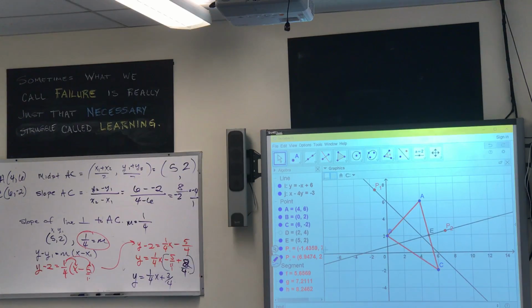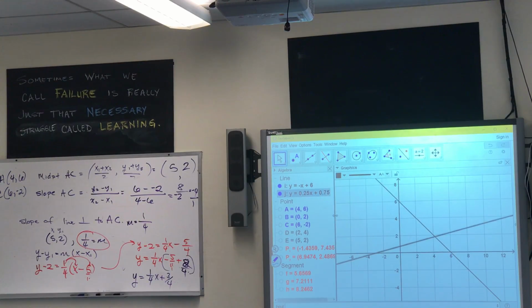Just cleaning things up here and remembering what we've already done in past courses. If I gave you that picture in Algebra 1, and told you the equations of the two lines were y equals negative x plus 6 and y equals 1/4 x plus 3/4, do you remember what you did in the concept of systems of equations?